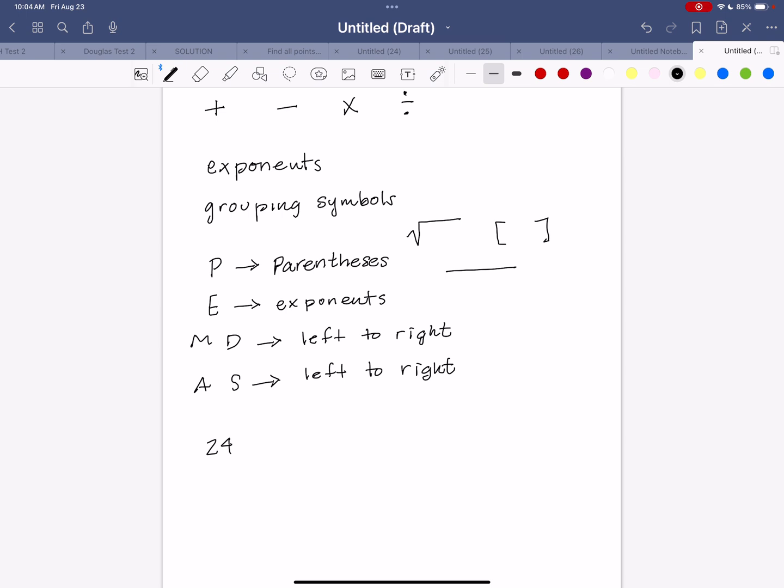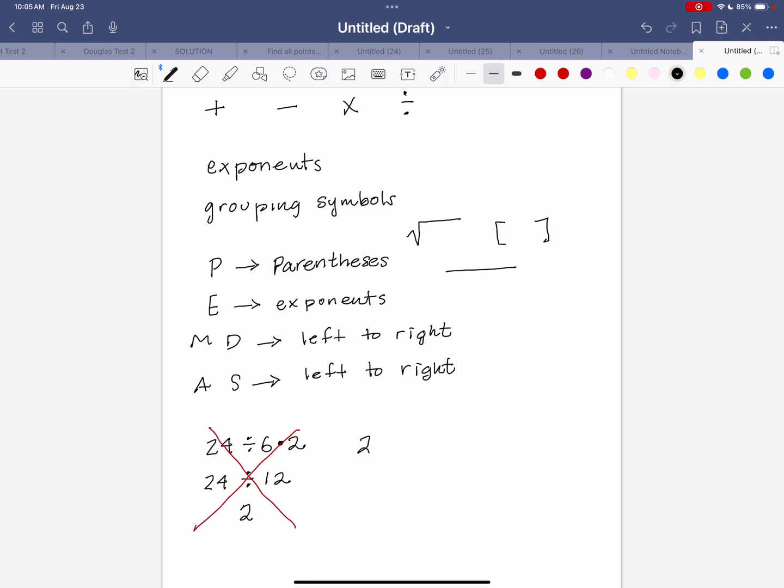24 divided by 6 times 2. Now, some people might do this wrong. They might think, please excuse my dear Aunt Sally means that the multiplication would come first, and they would get 2. And that would be incorrect.